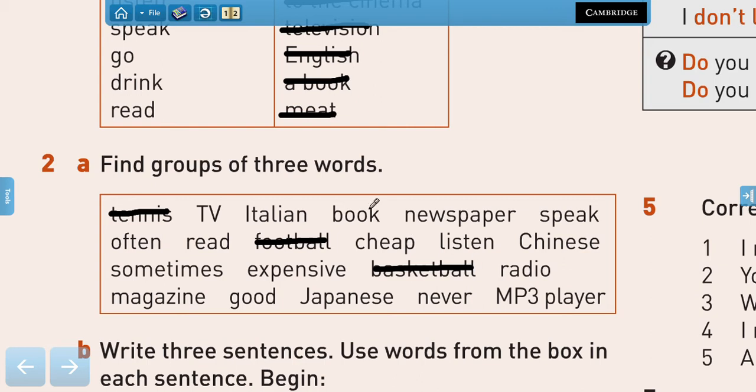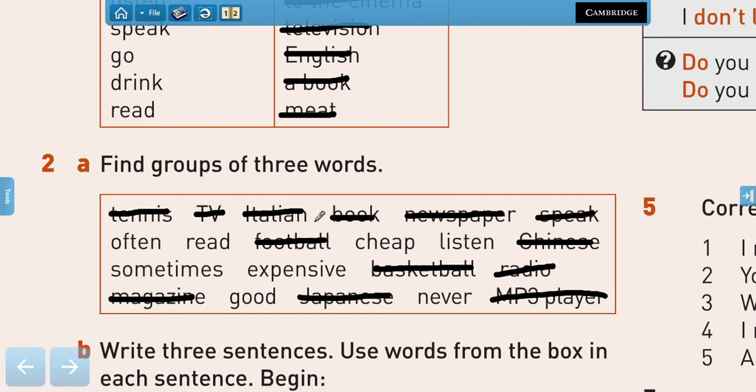Okay, let's see. What do we have? TV, radio, and MP3 player. Very good. Italian, Chinese, and Japanese. Book, newspaper, and magazine.